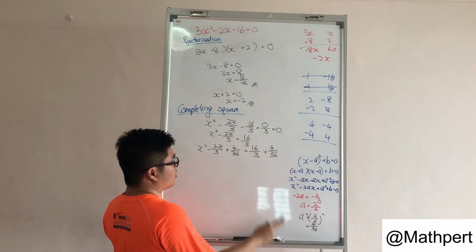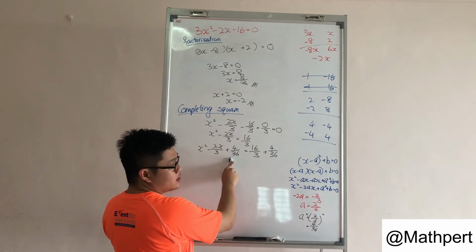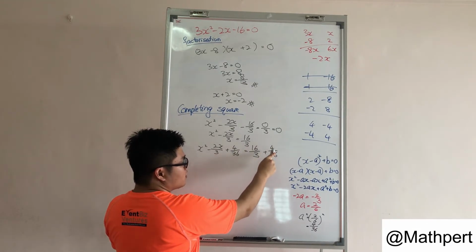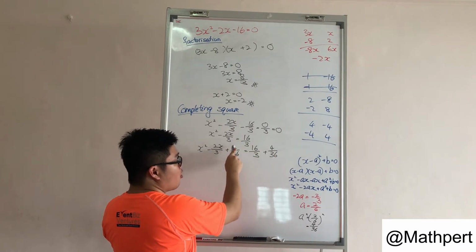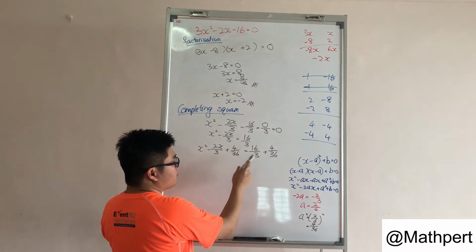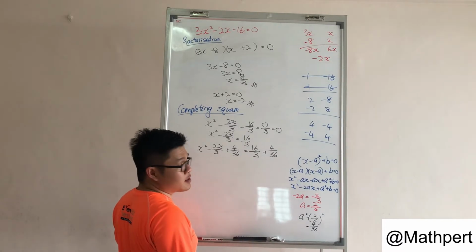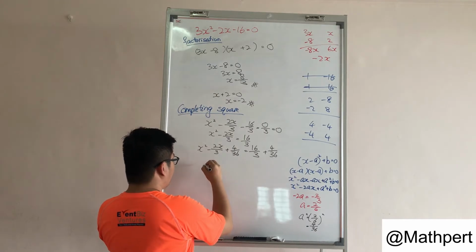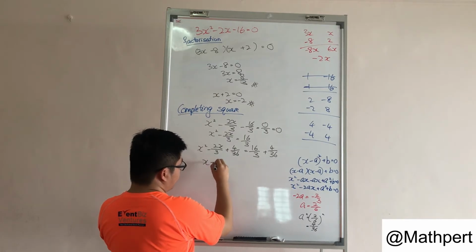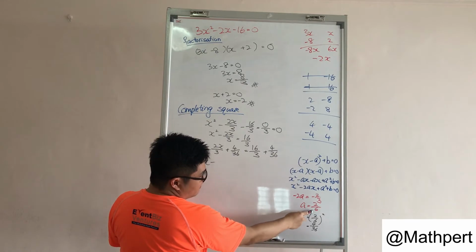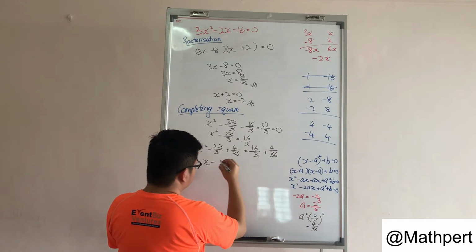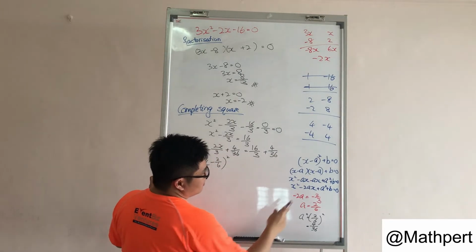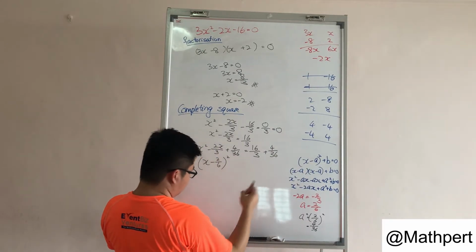Why do we need to do that? Because when we move 4 over 36 from the left hand side to the right hand side, positive 4 over 36 minus 4 over 36 becomes 0. So when we add to both sides, it doesn't matter. So here you will convert it to x minus a, and the a we find here is 2 over 6, squared, plus b.